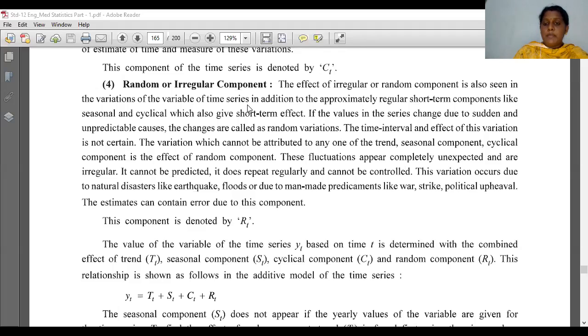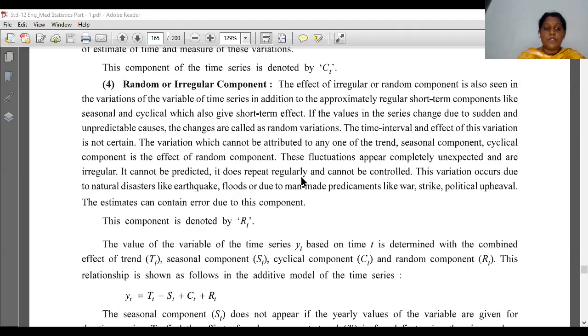The time interval and effect of these variations is not certain. The variations which cannot be attributed to the trend, seasonal component, or cyclical component are the effect of a random component. These fluctuations appear completely unexpected and are irregular. They cannot be predicted, do not repeat regularly, and cannot be controlled.